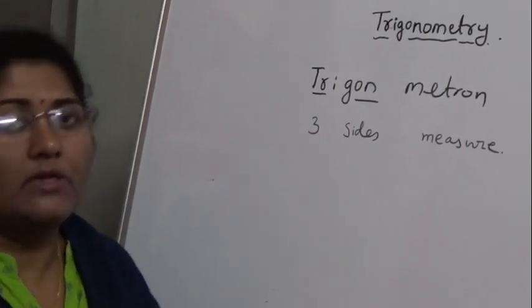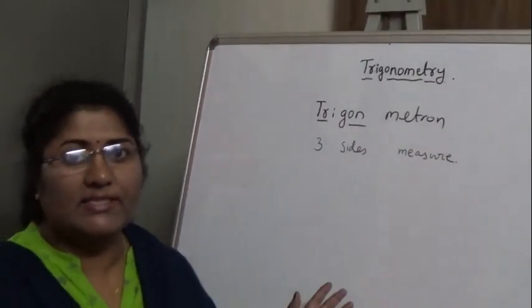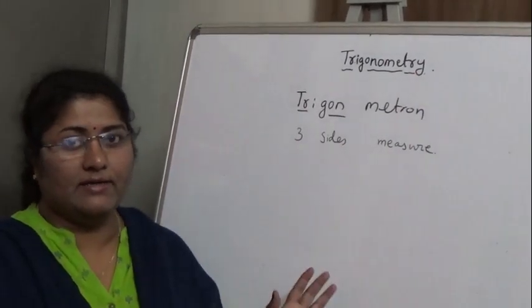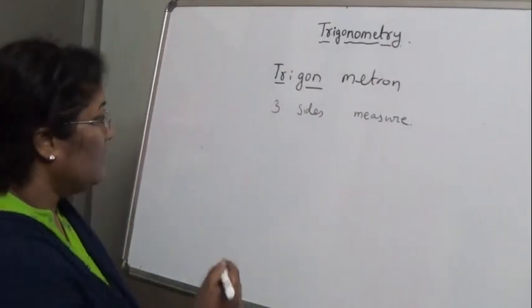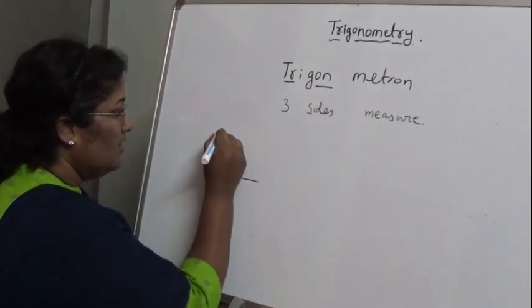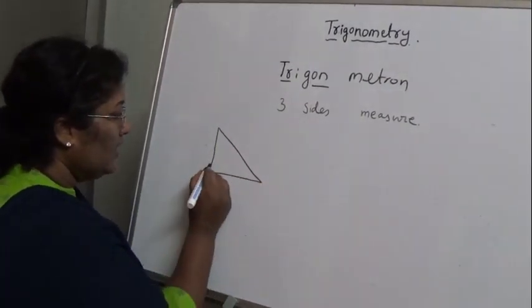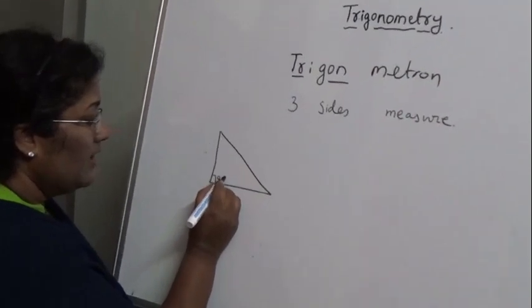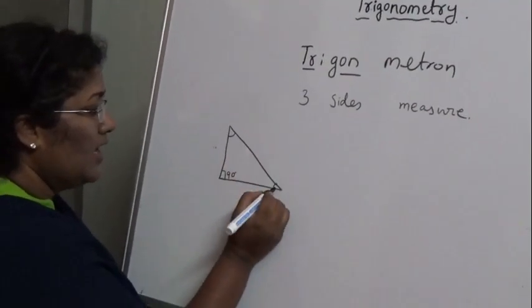In trigonometry we have to consider the right triangle. In a right triangle one angle is 90 degrees and the other two angles are acute angles.